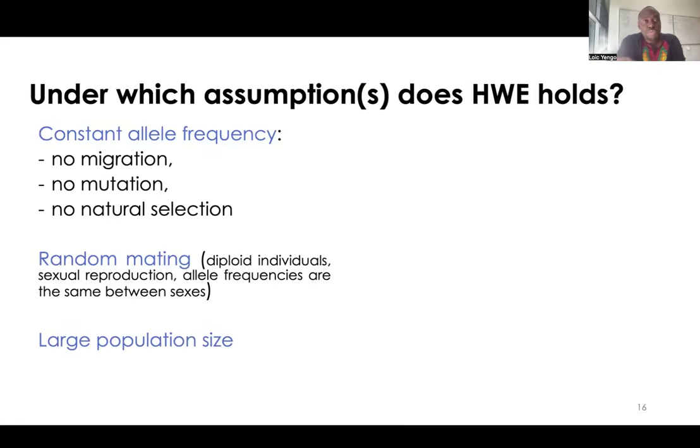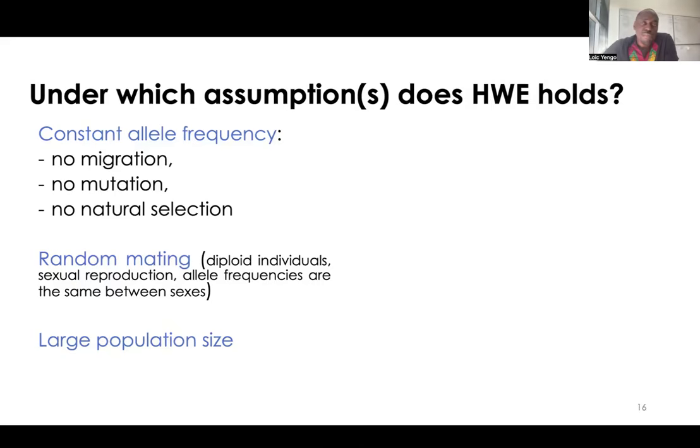So, what are those assumptions for the Hardy-Weinberg equilibrium to hold? If we want a constant allele frequency, we have to assume that anything creating changes in allele frequency is absent. Thinking about our population as a collective, we don't want any influx whatsoever.